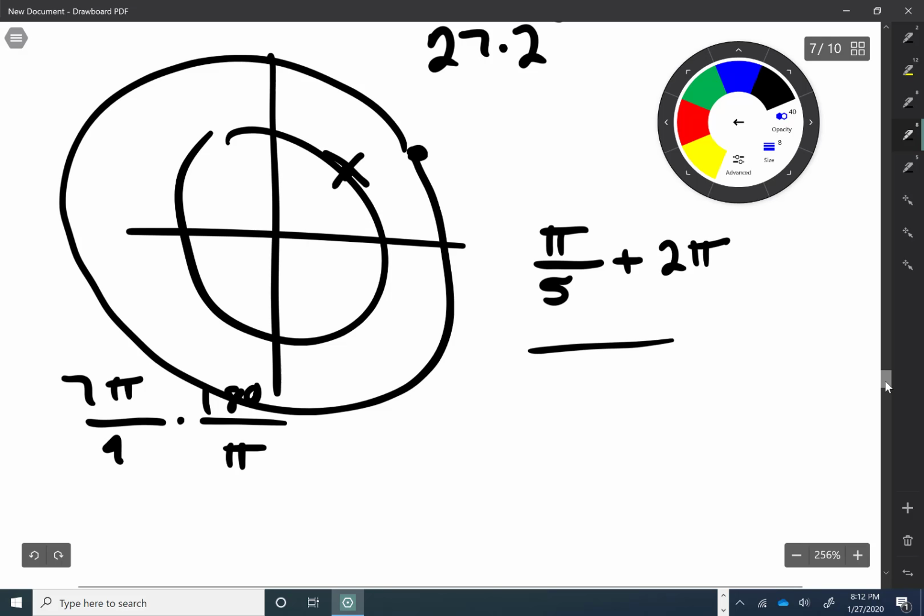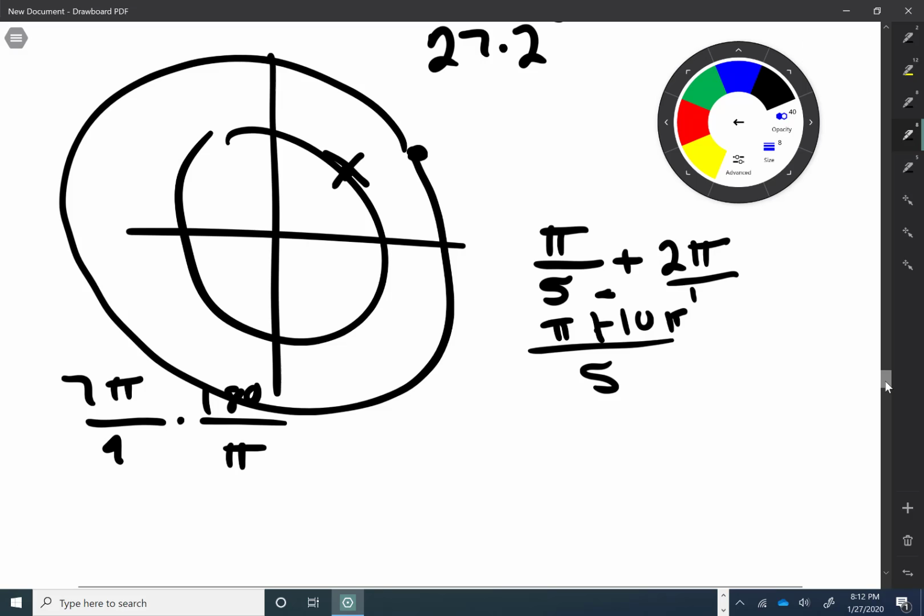So if I use fractions, 5 into 5 goes once. 1 into 5 goes 5. So 5 times 2 is 10 pi. So that's how we get 11 pi over 5. That's adding 2 pi. If we were subtracting, we would get negative 9 pi over 5 because this would just be a minus to get the subtraction.